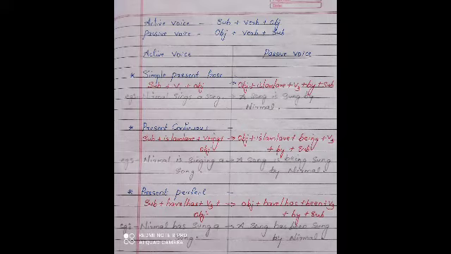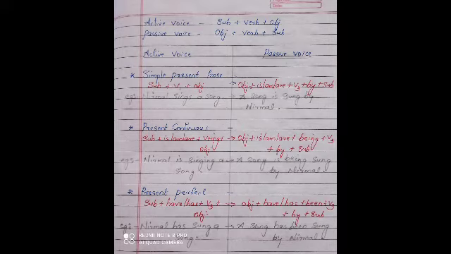Then here song is singular, so we use the auxiliary verb is. A song is. Then V3 form of sing: sing, sang, sung. Sung is the third form. So, a song is sung, then write by. By, then which is the subject here? Nirmal. A song is sung by Nirmal.